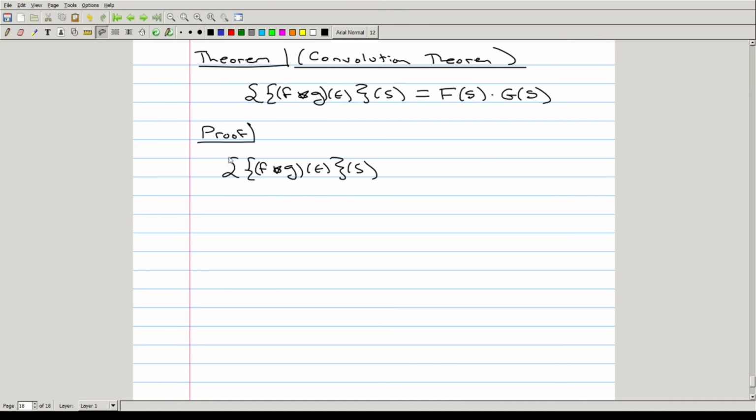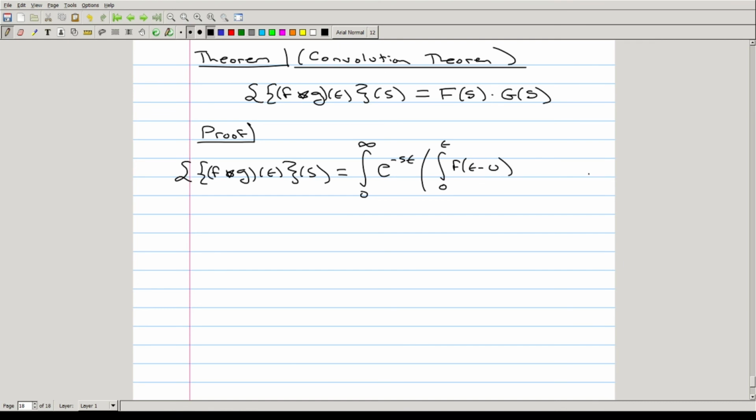You know that the Laplace transform of the convolution of two functions is going to be the integral from 0 to infinity of e to the negative st times the integral from 0 to t of f of t minus u, g of u, du.